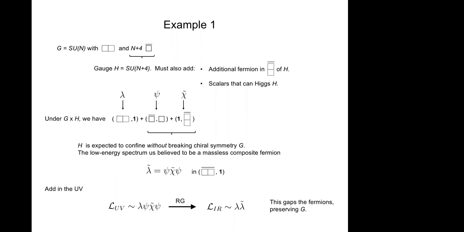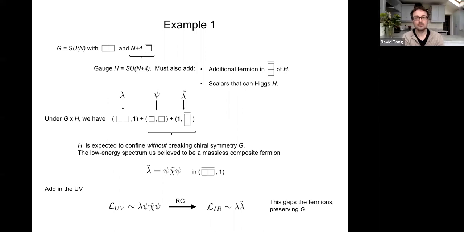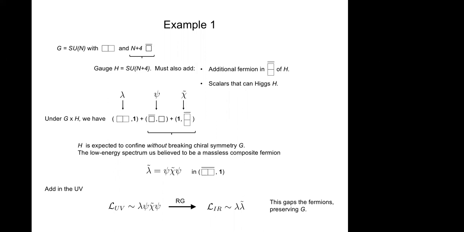One comment: this looks very, very similar to the theories that we used to work on, like top color theories, and even in some extensions of extended technicolor pieces. This is a variation where the right-handed top, for example, is your composite object like your lambda tilde, and lambda in those cases is like elementary fields, right?